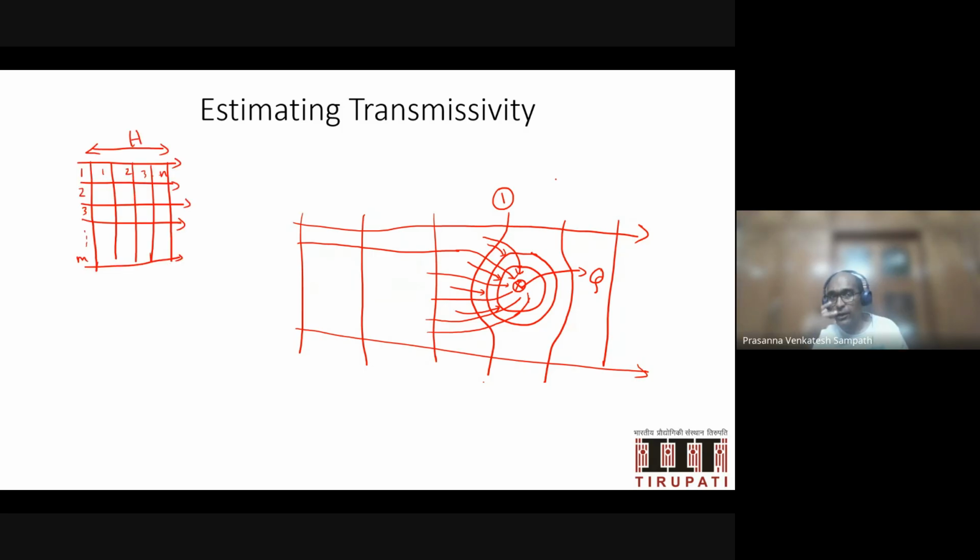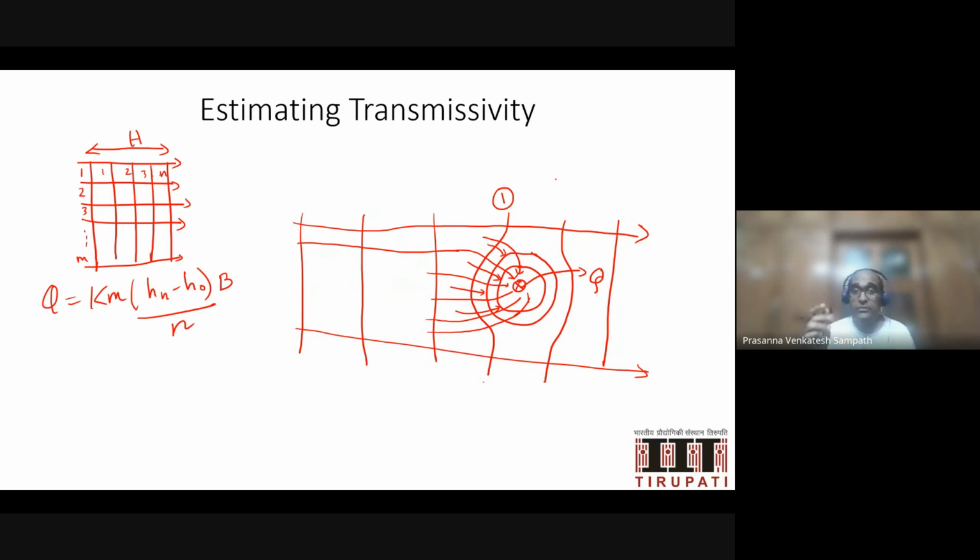So remember our old nomenclature. I have n plus 1 head contours starting from 0, 1, 2, 3 all the way up to n, and the head difference between the last and the first one is capital H, right? So then I came up with this formula. You remember Q equal to K m capital H by N. Okay. Now this was flow per unit thickness of the aquifer.